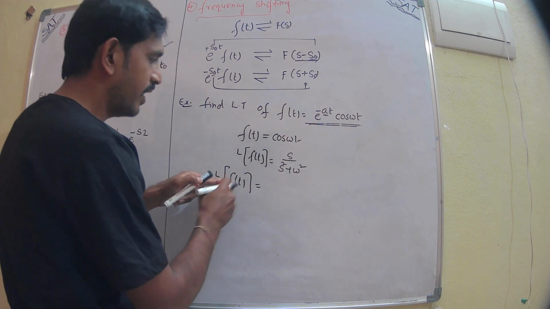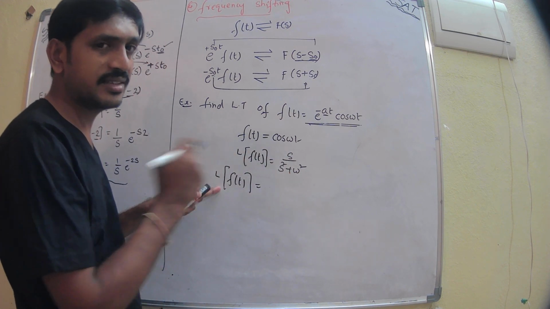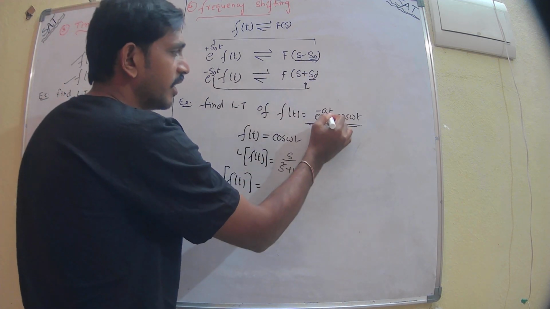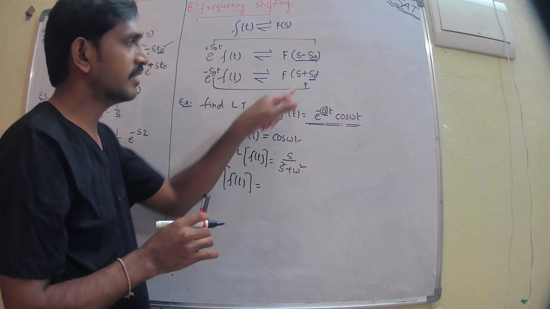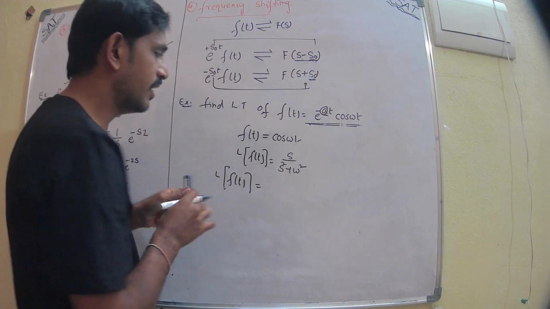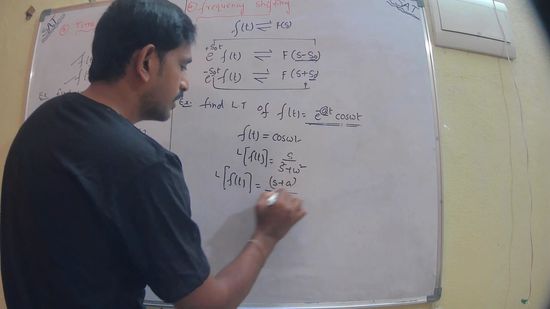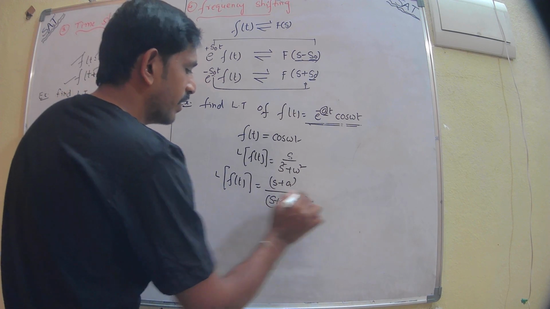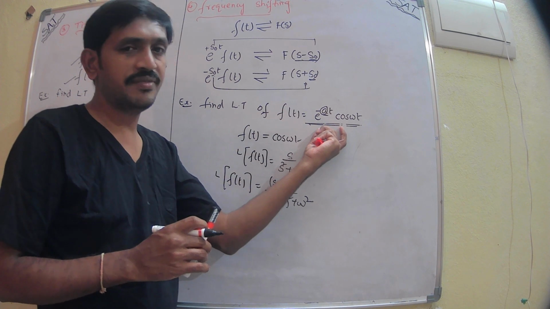We can replace s with s plus a, since s naught is a here. So s plus a by s plus a whole square plus omega square.